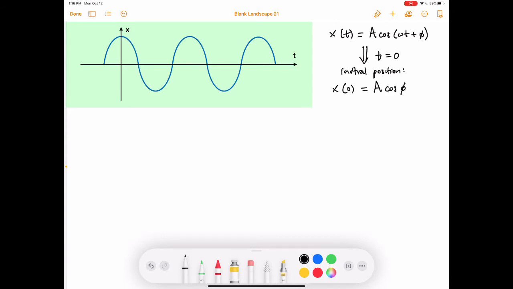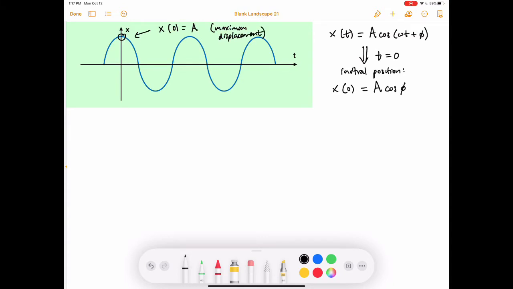Now, from the graph, we can actually see what the initial position is. It's up here. X, when t is equal to 0, is equal to the amplitude. In other words, we're at the maximum displacement when t is equal to 0.